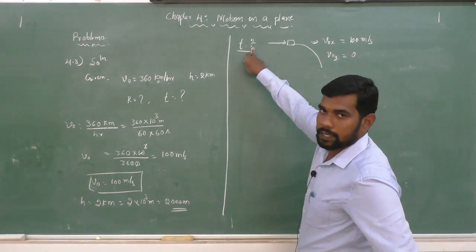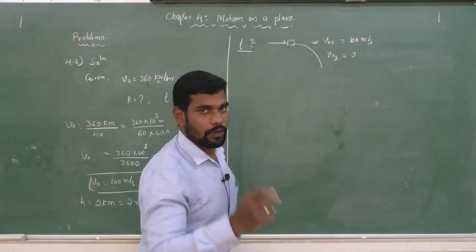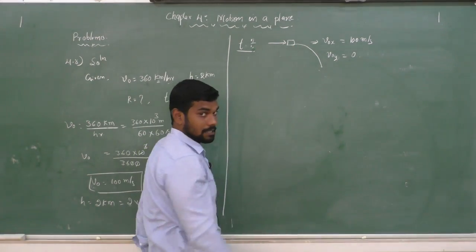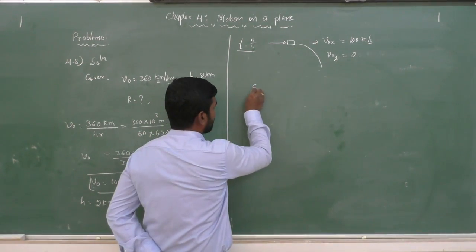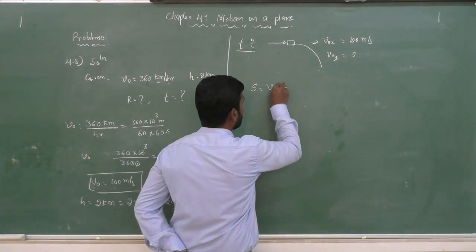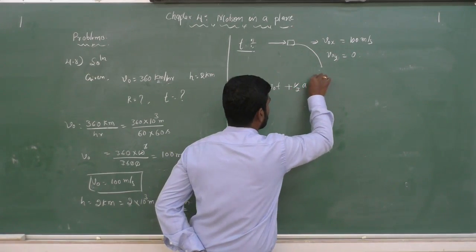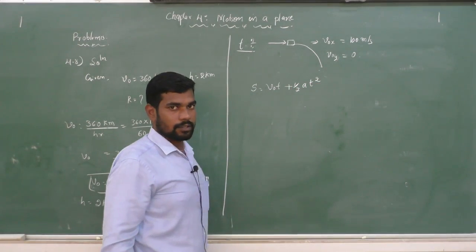Okay. Now we are going to find out the time value. Because we have to use the equations of motion in straight line motion, as I explained. So this is the equation we need to use: S is equal to V naught T plus half A T square.